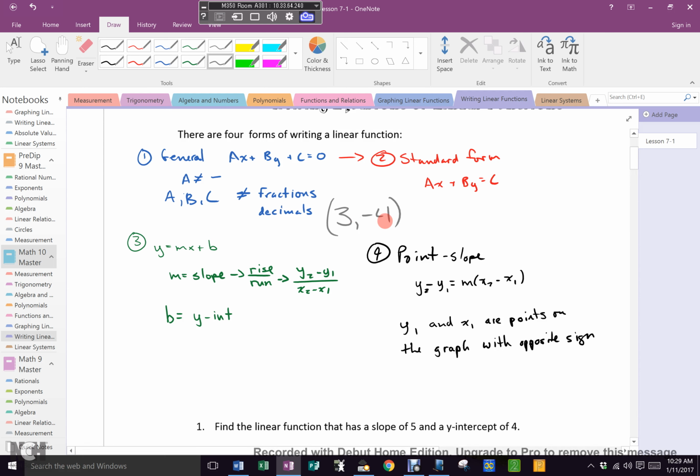Will those give you all the numbers in the equation? Yes or no? If I put them in here, will I get all the numbers? I'll get an X, I'll get a Y. Will I know C? No. If I put them in here, will I know C? Will I know A? Will I know B? Or will I only know X and Y?